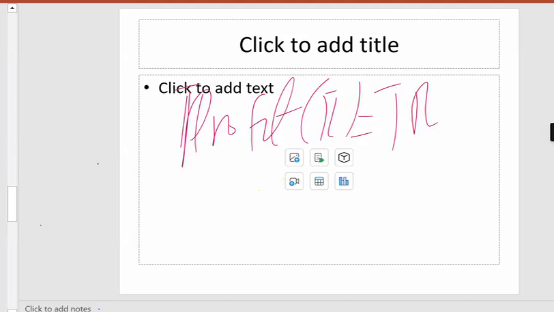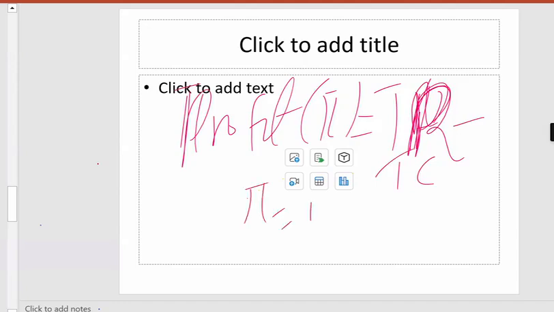Or let's say total revenue, because the revenue should be converted into money. You get it? Minus total cost. So the formula: profit is equal to total revenue minus total cost. Just bear it in mind.